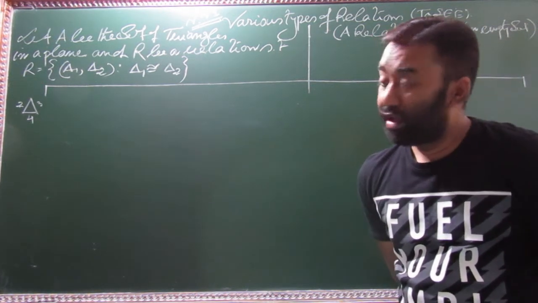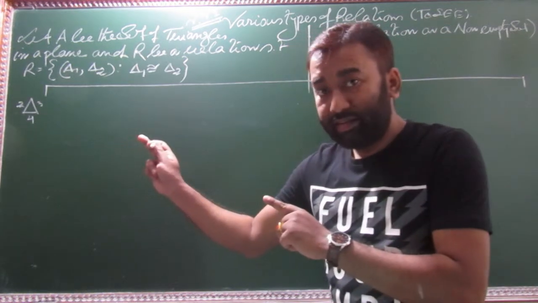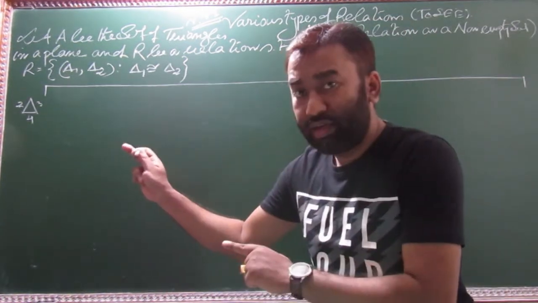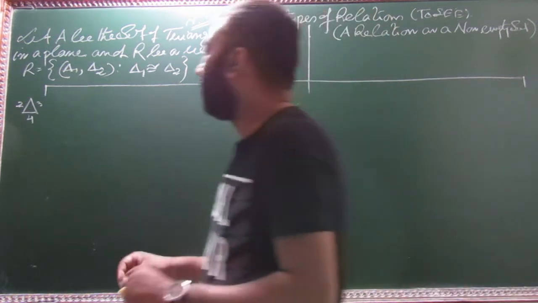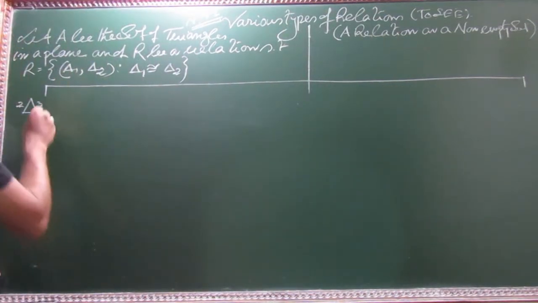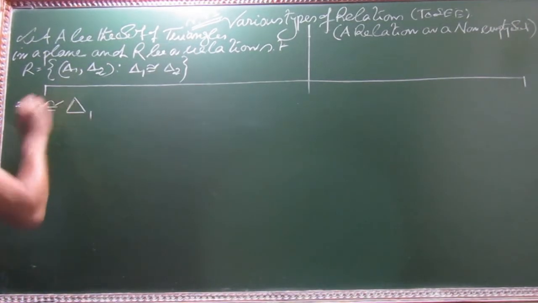That means this triangle must be congruent with the same triangle. If I consider del 1, then del 1 is always congruent with del 1. This property is known as reflexive property, or reflexive relation.